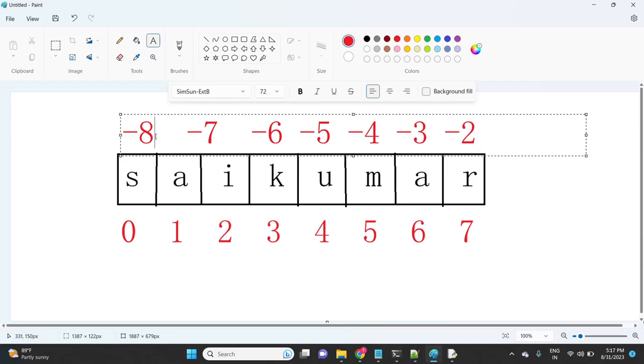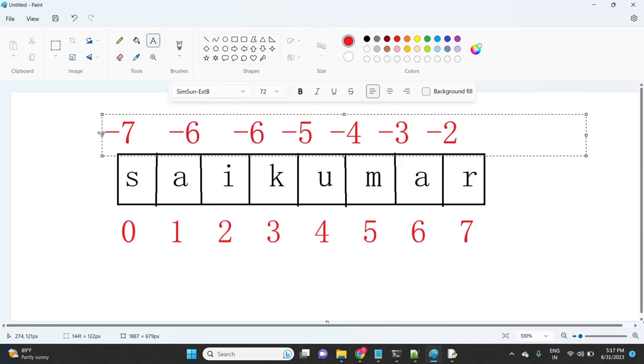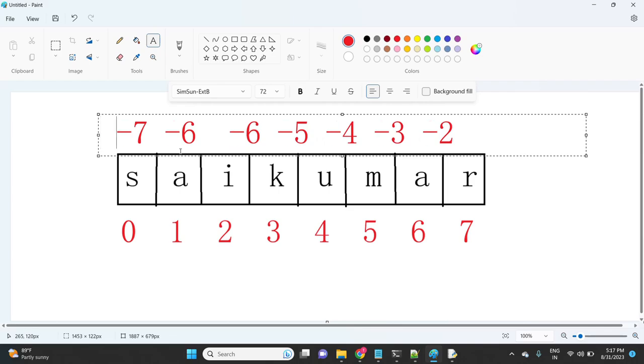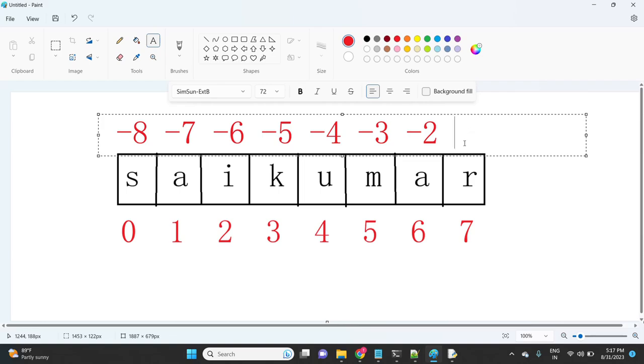Okay, we made some mistake. Correcting it: -8, -7, -6, -5, -4, -3, -2, and here -1.